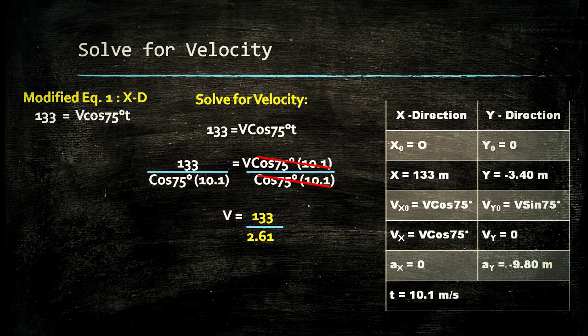So our final answer for velocity in the x direction is 51.0 meters per second. That means that our stuntman would have to be traveling a minimum of 51.0 meters per second to safely clear the jump.